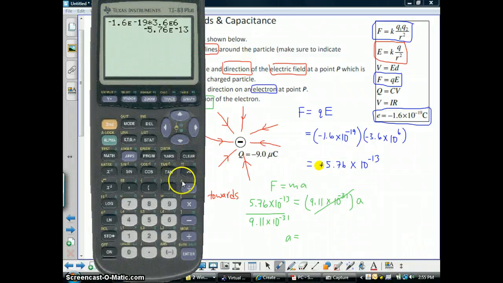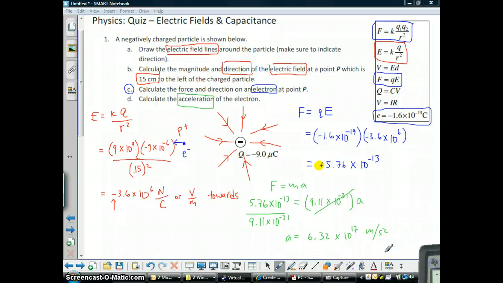I already have the force, so I'm just going to hit divide by 9.11 E to the negative 31st, and this is my acceleration, 6.32 times 10 to the 17th. Acceleration is meters per second squared. Again, I'm ignoring the negative because all that tells me is the direction, which we already know is going to be accelerating away from the negative charge.